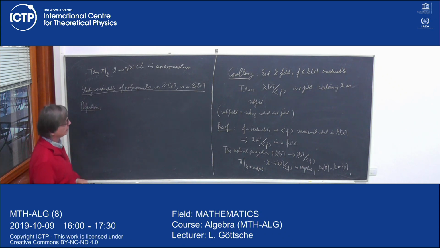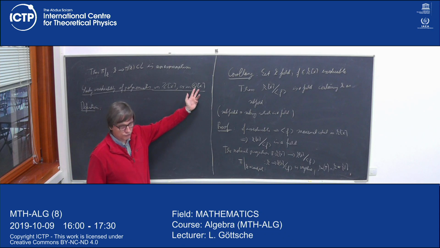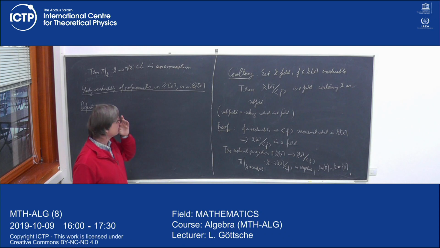So the thing is basically we want to study irreducibility of polynomials with coefficients in Q, but it turns out, surprisingly, that the criteria that we have are always for polynomials with coefficients in Z. And so we also have to compare what it means for a polynomial to be irreducible here and here.